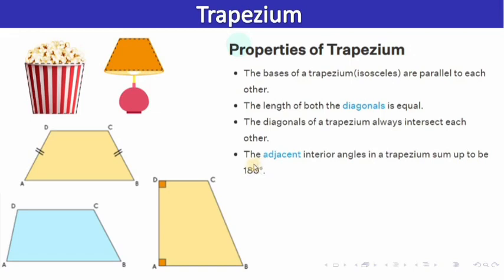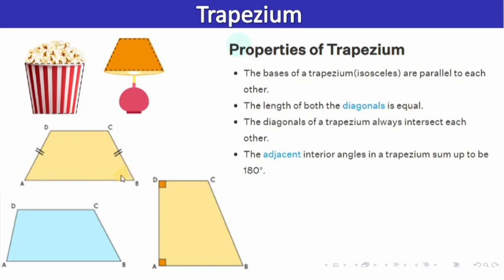Supplementary means a pair of angles whose sum is 180 degrees. Here, adjacent means immediately next. When you add this angle with this angle, they are adjacent angles, so their sum will be equal to 180 degrees, and similarly the sum of this and this will be 180 degrees.